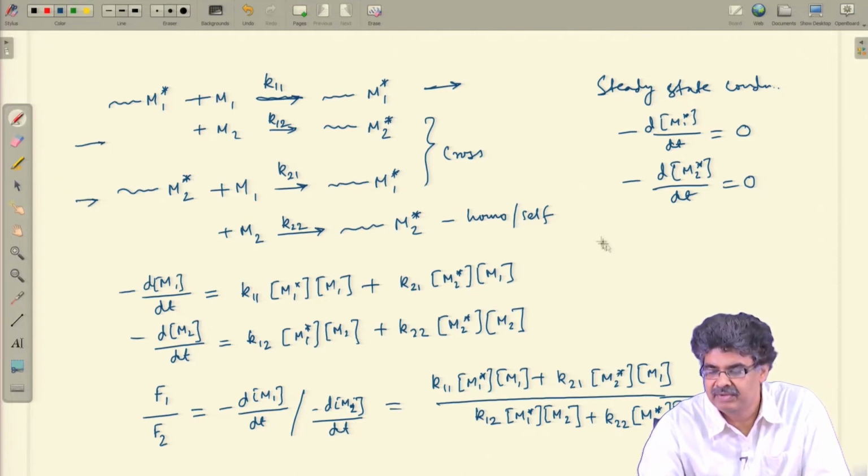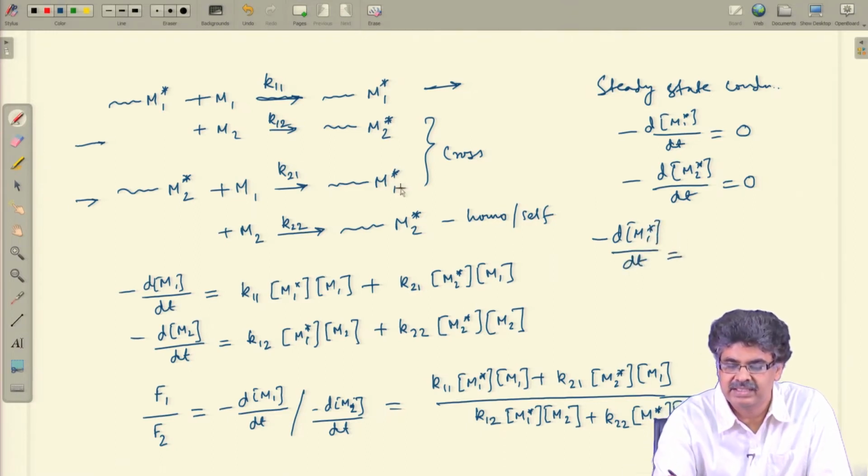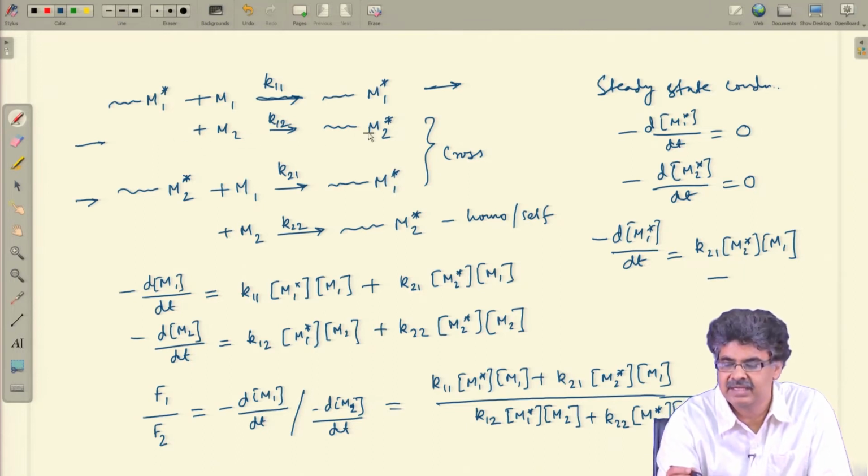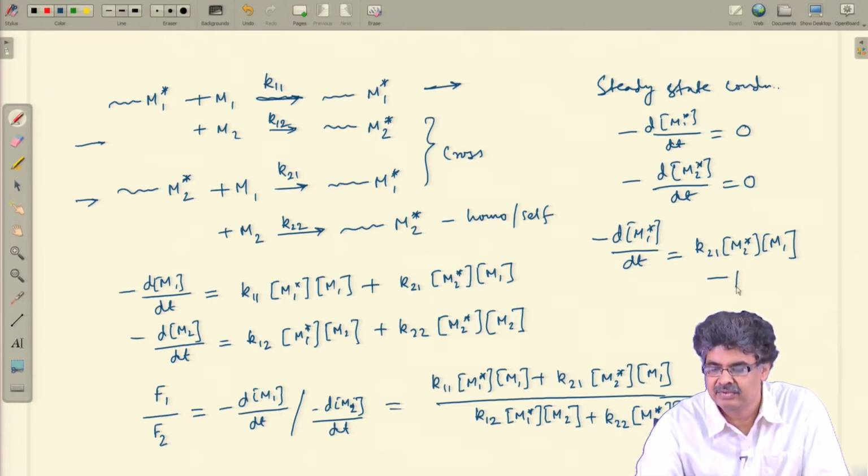So, if we want to write d M1 star by dt, it is forming in this step, so I can write K21 M2 star M1, and it is disappearing in this step, so I can write K12 M1 star M2.